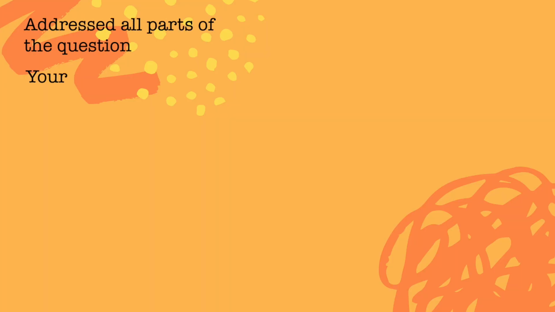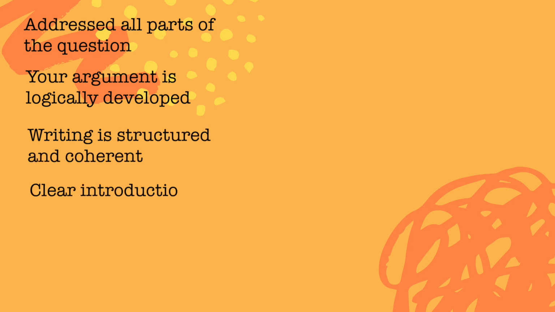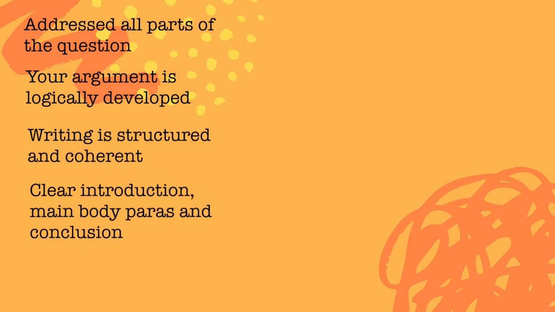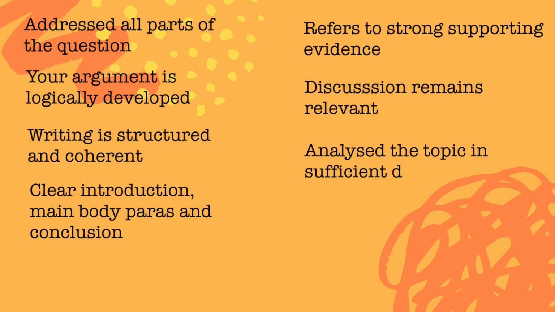They want to see that your argument is logically developed, that your writing is well structured, with a clear introduction, body paragraphs and conclusion, that you've used supporting evidence well, that your discussion remains relevant, and that you've analysed the topic in depth. To make sure you've addressed all of this, as well as any other criteria outlined in the rubric, it's really important to spend some time looking at the question and the rubric.